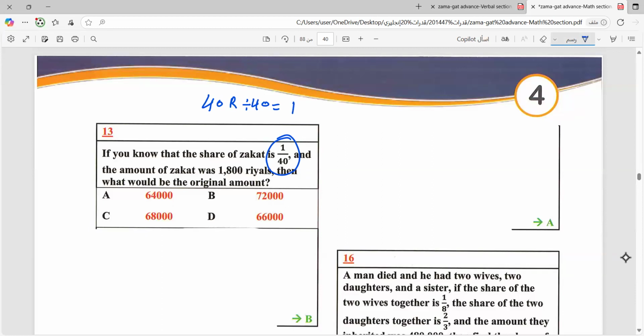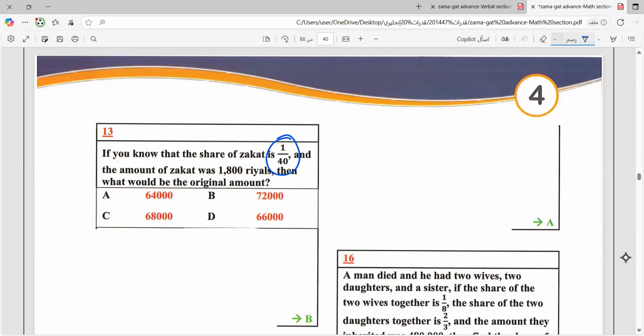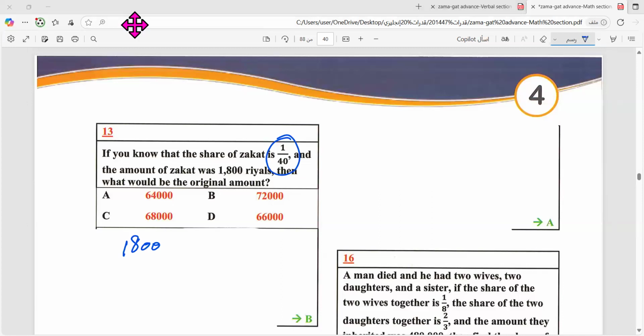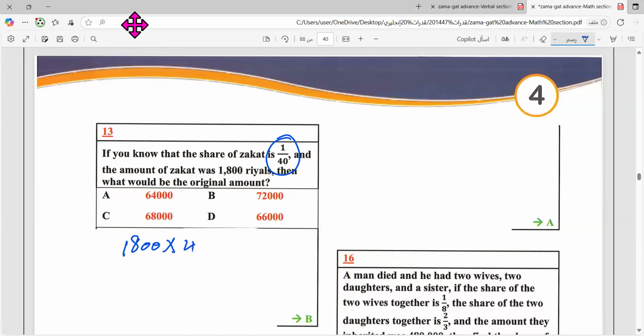So if we want to find the original amount, we multiply by 40. Here the zakah is 1,800, so 1,800 times 40 will be 72,000.